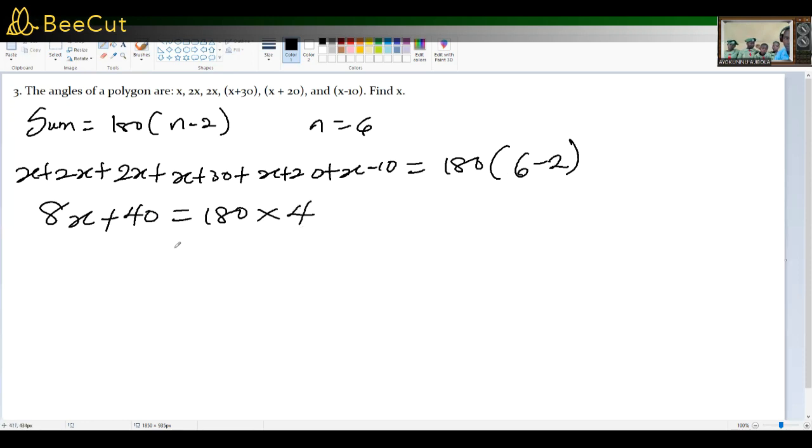So what is 180 times 4? 180 times 4 cannot be 520. That is 720. 18 times 4 is 72, so that is 720. So that means I have 8x plus 40 equals 720, so 8x equals 720 minus 40.